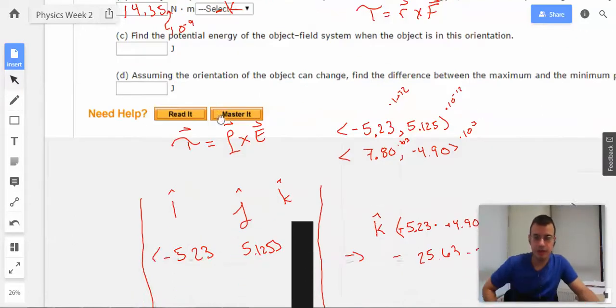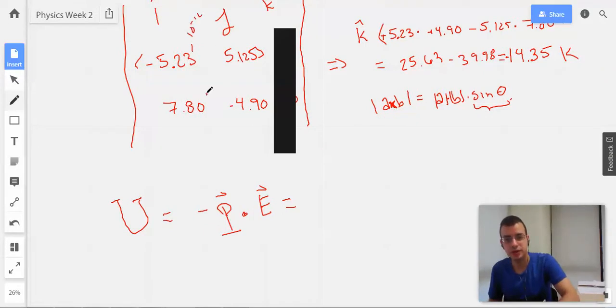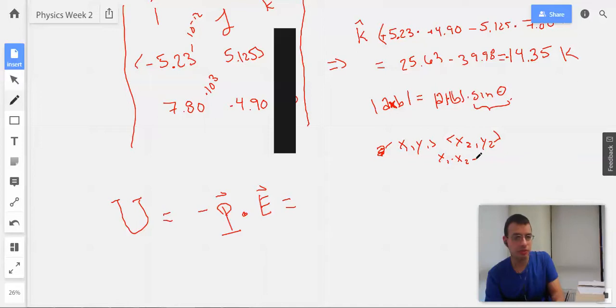All right, back to more pressing matters. So these are 10 to the negative 12th. This will be 10 to the third. For P, if you have x1, y1, and x2, y2, and you want to dot product these, the way you do it is x1 times x2 plus y1 times y2.